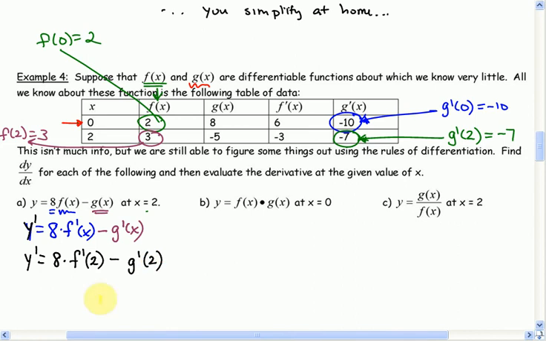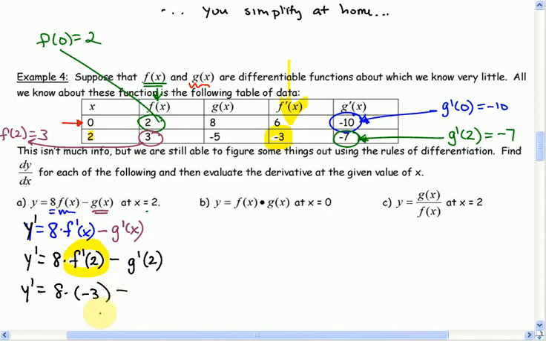And then now, Vincent, I will do what you did and say, hey, what's f prime of 2? Ah, yes, f prime of 2. Look down the f prime column. Here's 2, so the answer is negative 3. So I'm going to ask us to do this: 8 times negative 3, and then we're going to subtract off of that g prime of 2.